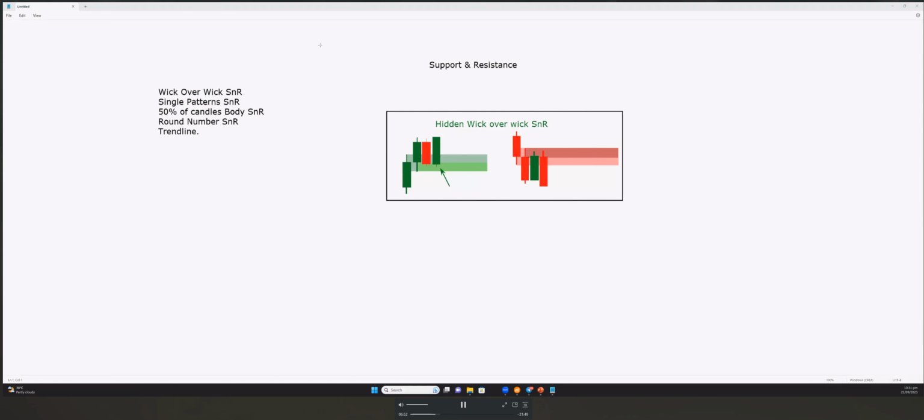The single candlestick patterns, as we will know, are the hammer, the pin bar hammer, the inverted hammer, the pin bar inverted hammer, and the spring candle. And the same for the sellers.